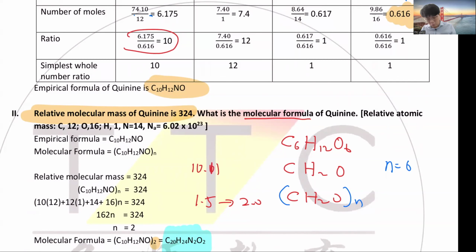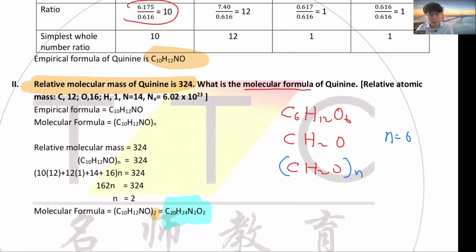Let's say you get 10.11, you round to 10, it is okay. Small difference is fine, but you cannot do a big difference. If you get 1.333, then you need to times 3. And later I have this type of question for you also.